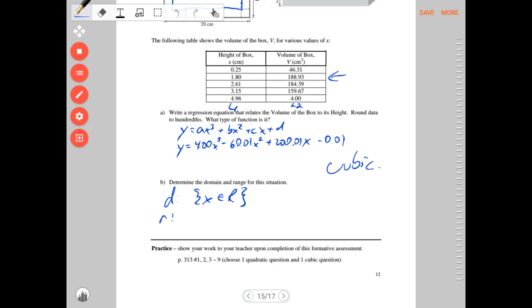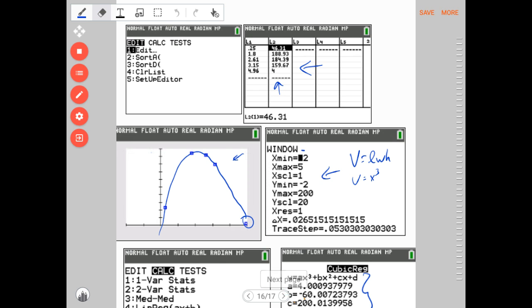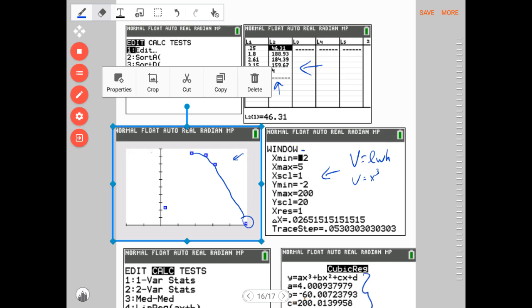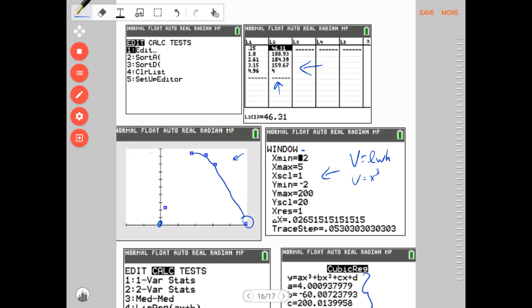for this one, oh, and you know what, guys, I messed up with my domain, so I'm going to stop this. Okay, the graph of this thing, silly me. Okay, the graph starts at 0. Now even though all polynomials have a domain of x is an element of the reals, in this case, look what happens, it stops there.